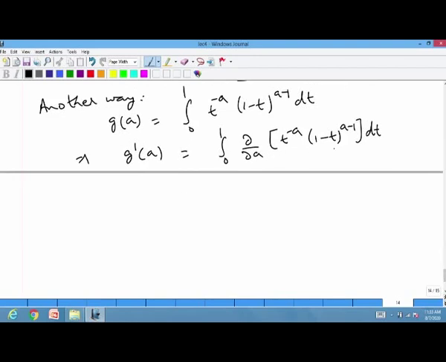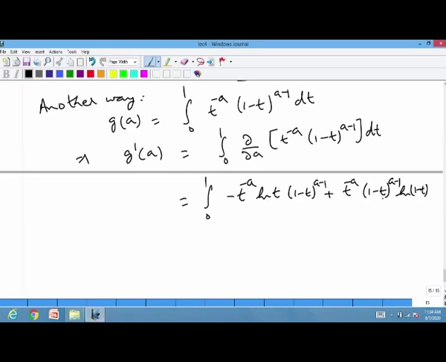Now, we can calculate this derivative with respect to a of the integrand, that is equal to minus t to the minus a log t (1 minus t) to the a minus 1 plus t to the minus a (1 minus t) to the a minus 1 log(1 minus t) dt.